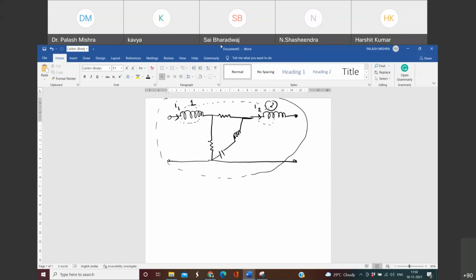Similarly, there is current I2 here, which was already flowing, that will have its own flux and that will have one flux which will affect coil 1 also. So essentially I1 will have some flux which will link with the first coil as well as the second coil. Similarly, I2 will have its own flux phi 2 which will link with the second coil as well as the first coil.